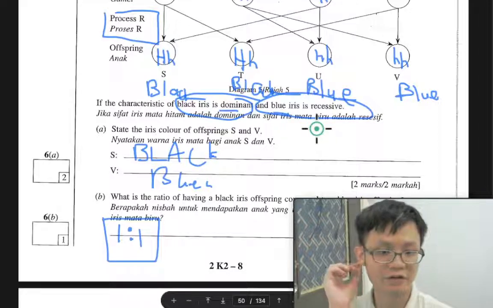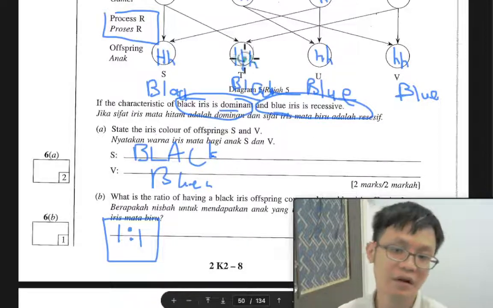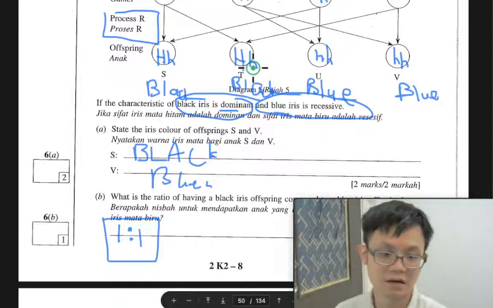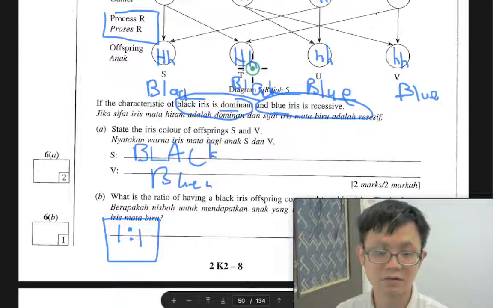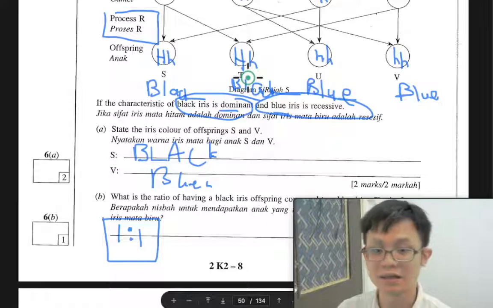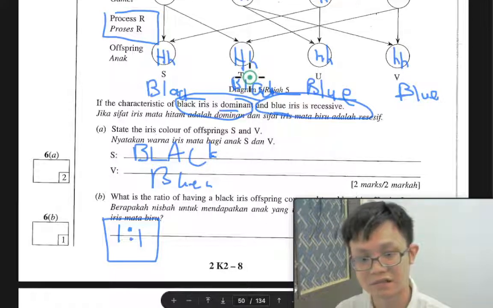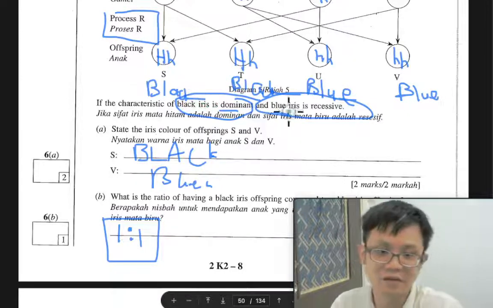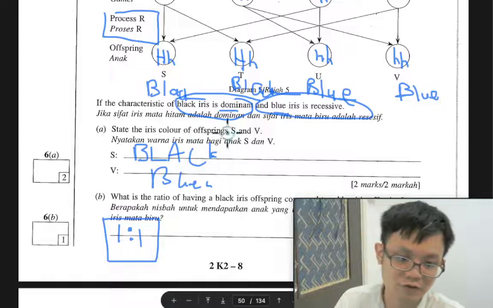Or whether you have earlobes or can roll your tongue, because there is really no observable characteristic that is common throughout a certain variable. Because you have a son, so maybe 50% is blue, 50% is black.